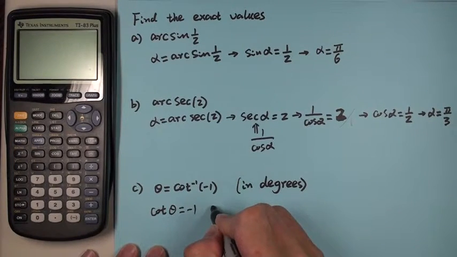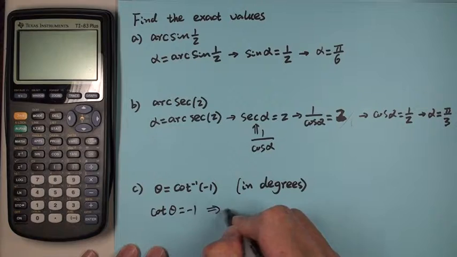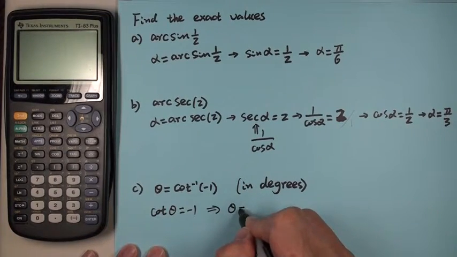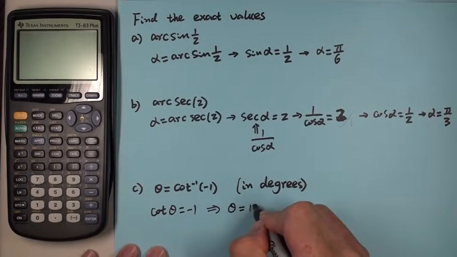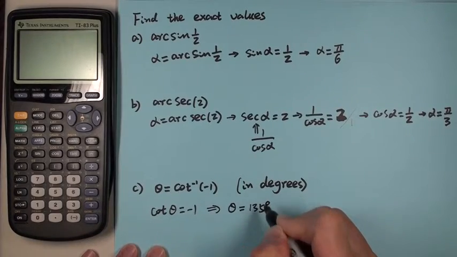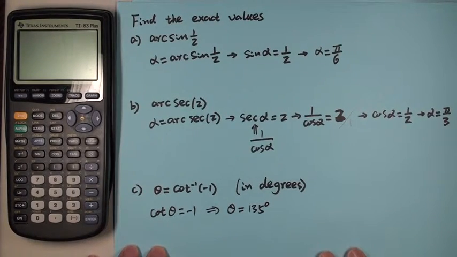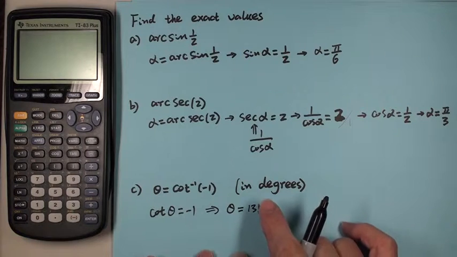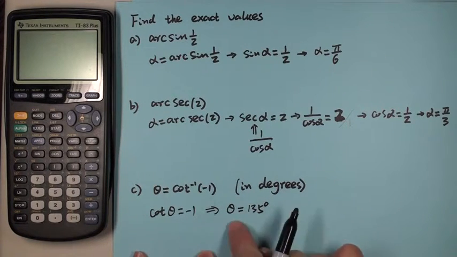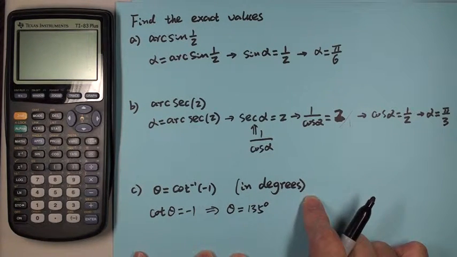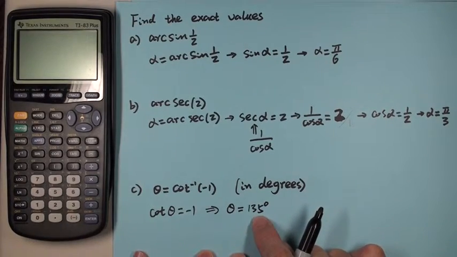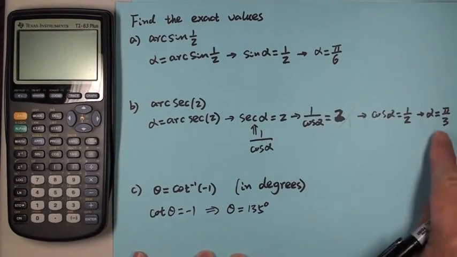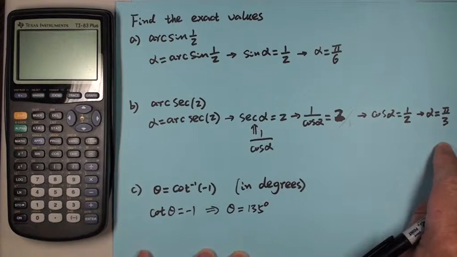Then you know that theta will be 135 degrees. Okay, so then you are done. Here we are required to find theta in degrees, so you write in degrees. And here we choose radian.